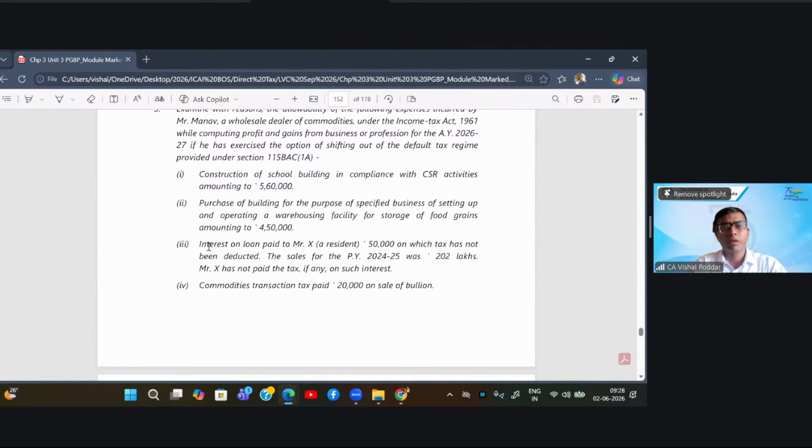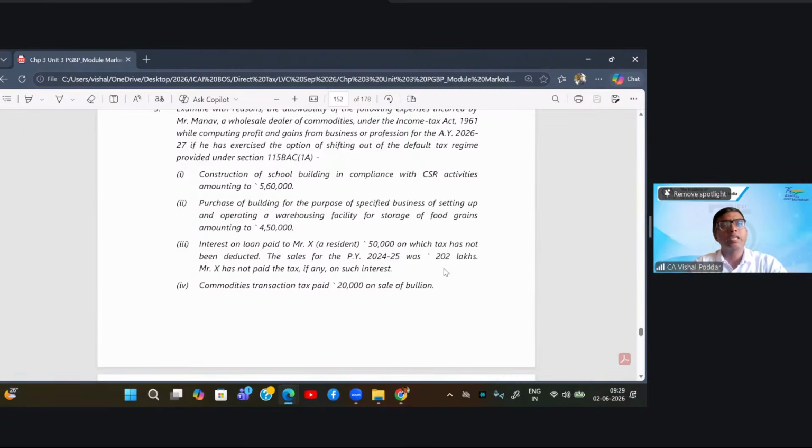Right, students? Next, interest on loan. Check the four conditions: related to business, current year, revenue, not an offense. All are satisfied. But now what is the additional information given? You have made this payment to a resident. The amount is 50,000 on which tax has not been deducted. The sales for the previous year were 202 lakhs, and Mr. X has not paid the tax, if any, on such interest. Now what has happened?